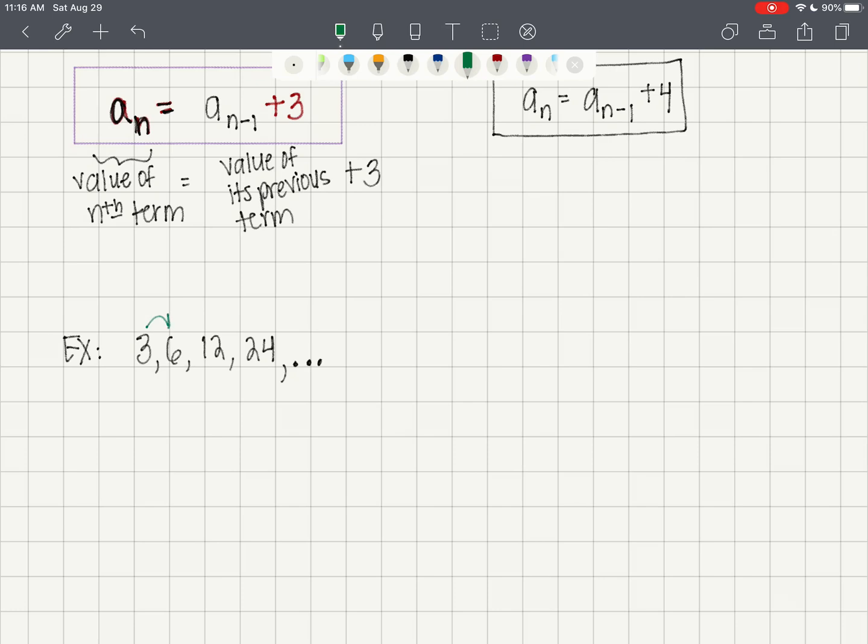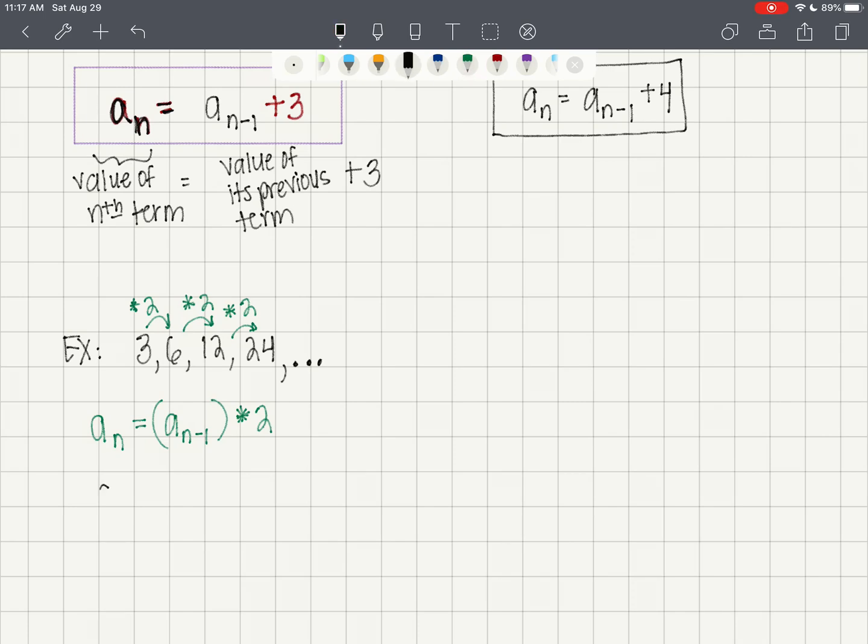Well, the pattern here is multiply by 2. So multiply by 2, 3 times 2 is 6, multiply by 2, 6 times 2 is 12, multiply by 2, 12 times 2 is 24. So to find the nth term, I would need to take the previous term and multiply it by 2.